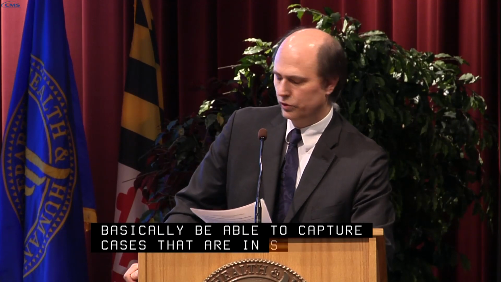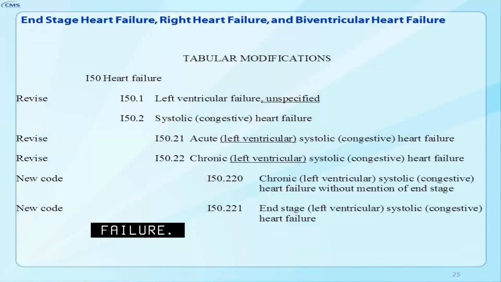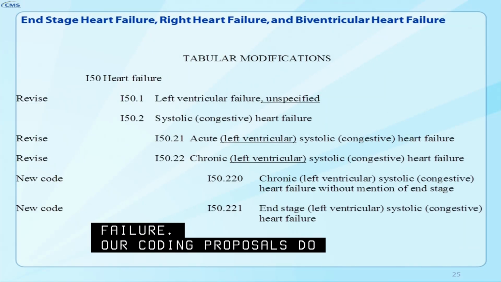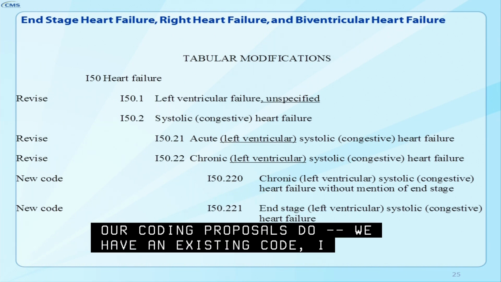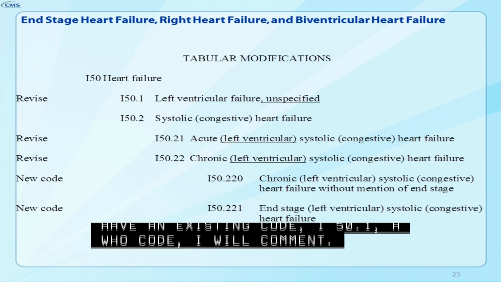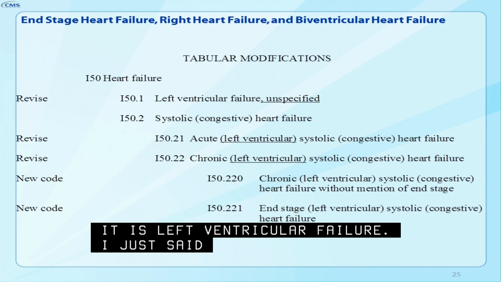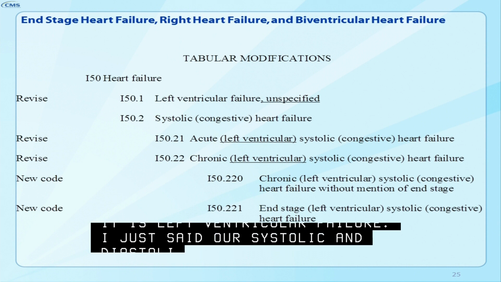Our coding proposals here do, as it were, combine a few things. We have an existing code, I-50.1, which is a WHO code, I will comment. It's left ventricular failure. Now, I have just said that our systolic and our diastolic heart failure are specific types of left ventricular failure.